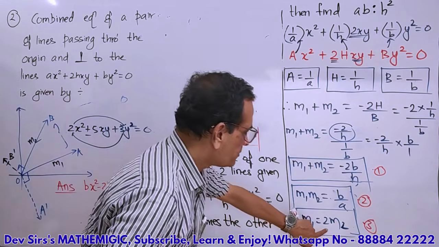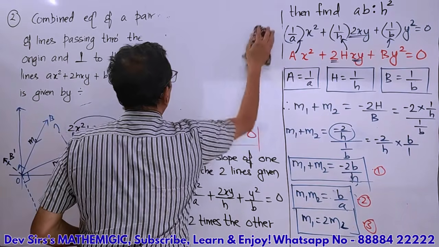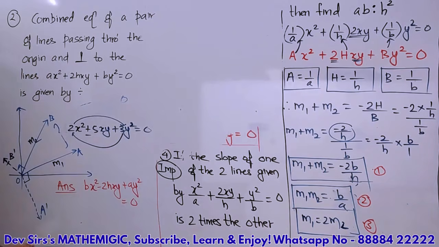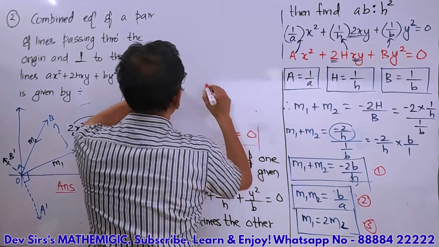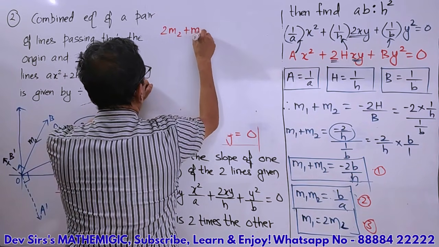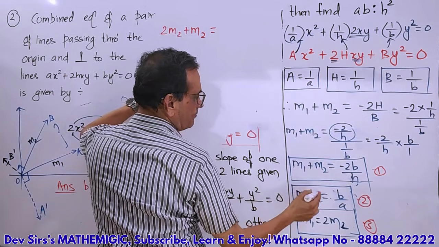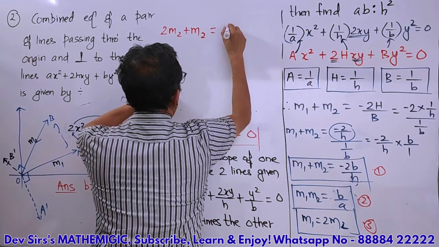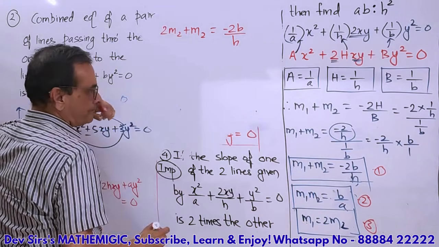So put the value of m1 in equation 1. 2m2 plus m2 equals minus 2b upon h, according to what they have given.